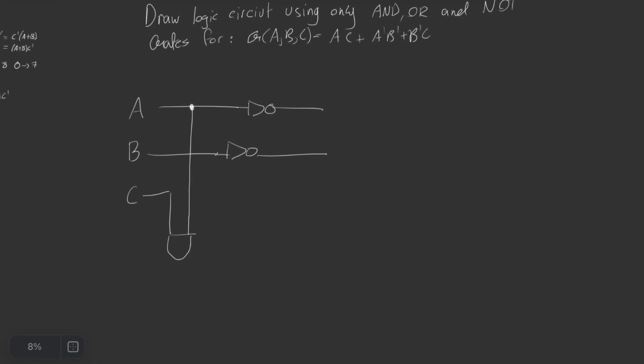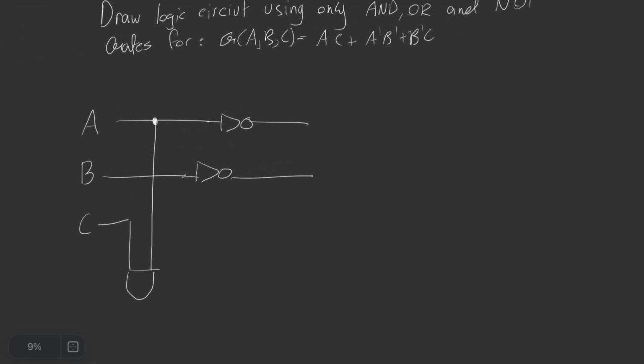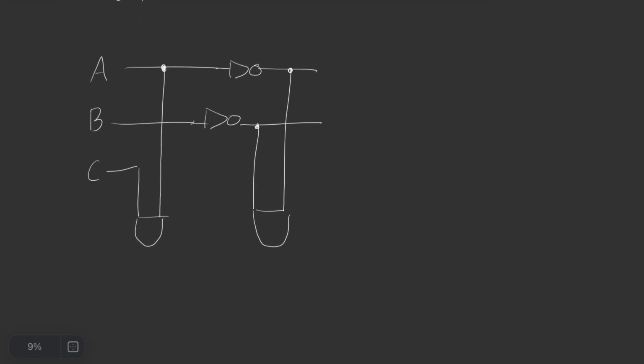So we have A and C. I need A prime and B prime. So I'm going to take a wire and take a wire, and this is A prime and B prime. Now we need to do B prime and C.